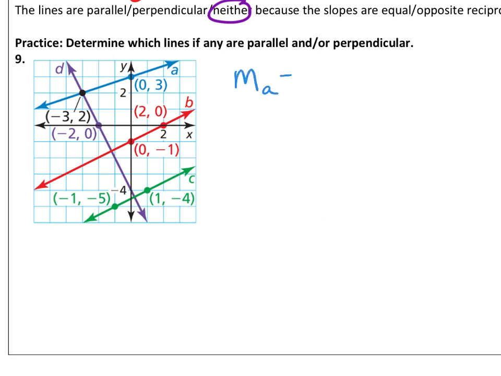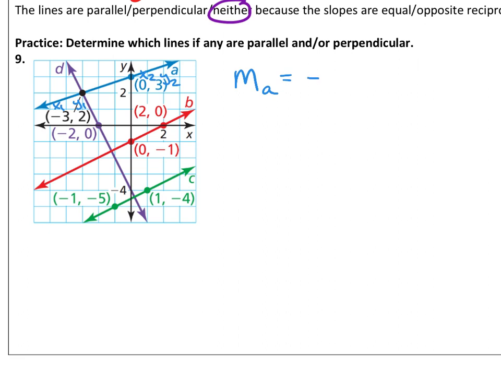I'm going to call it MA because it's the slope for line A. For the slope of line A, I need to label some points. I'm going to label this x1, y1, and this one x2, y2. I'm labeling this point, -3, 2, x1, y1, and this blue point, which I know is not colored on your paper, 0, 3 is x2, y2.